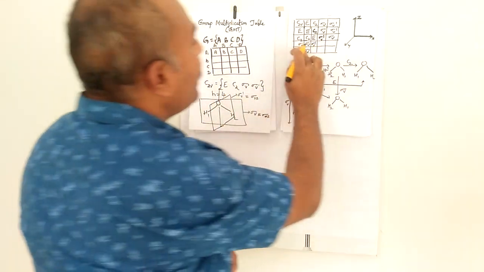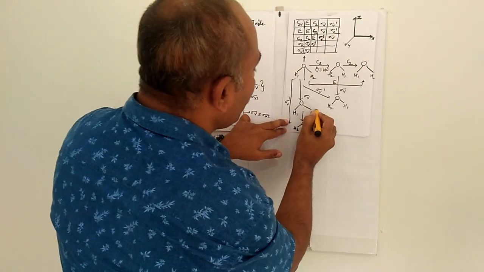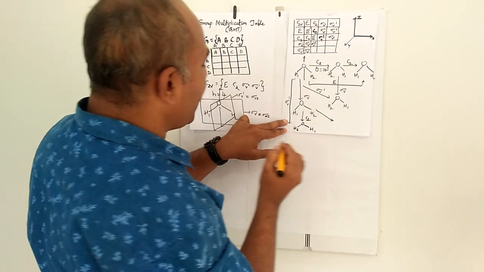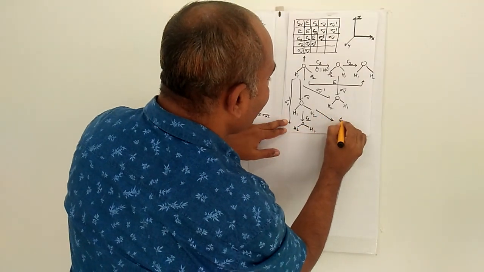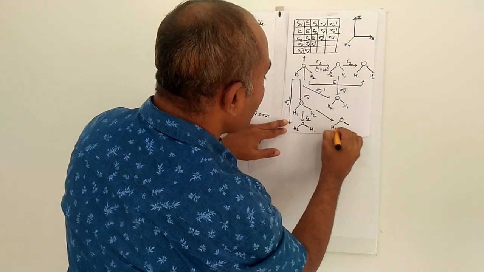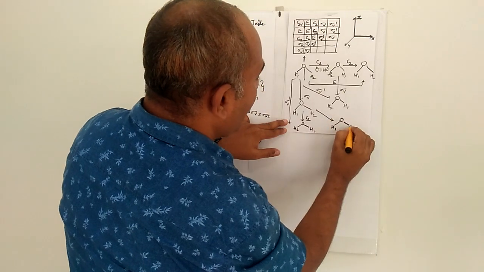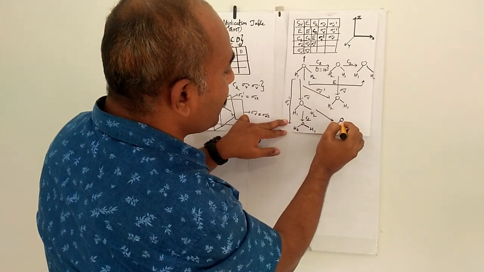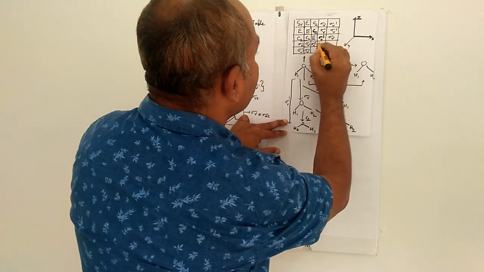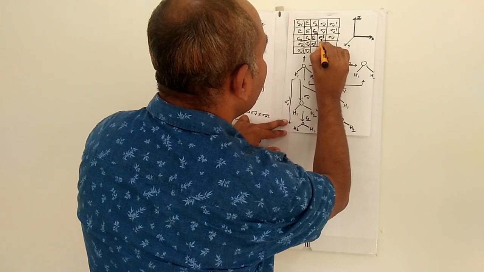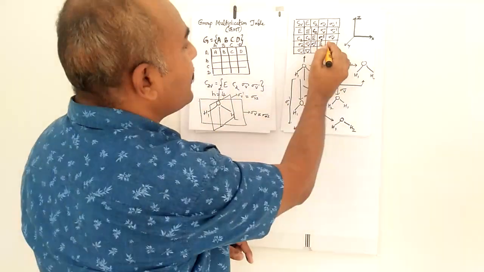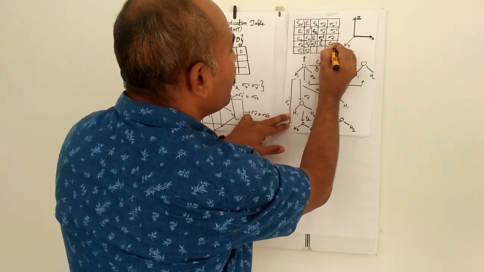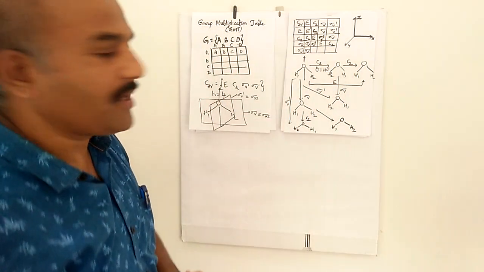So here sigma V into sigma V. Sigma V into sigma V means taking the reflection on the xz plane 2 times, so you get the same answer, H1 and H2. This is directly obtained by doing the identity operation. So sigma V into sigma V, the answer is E. The one element left here is sigma V into sigma V dash. The answer will be C2, since C2 is left in that particular row.